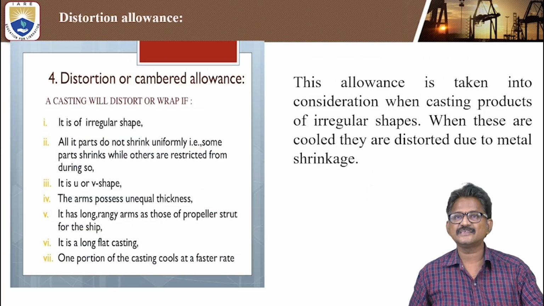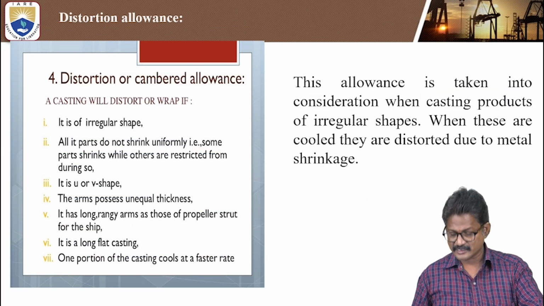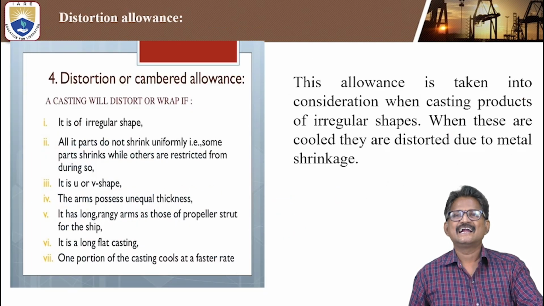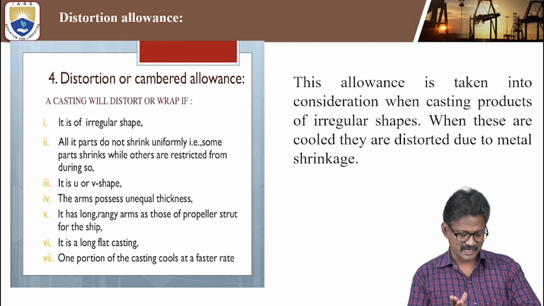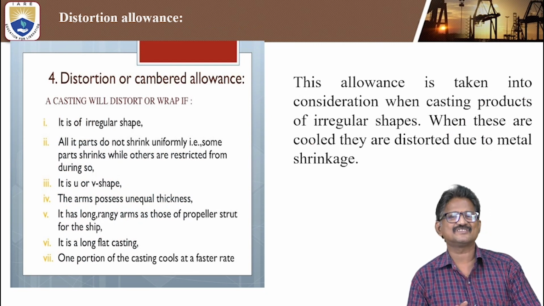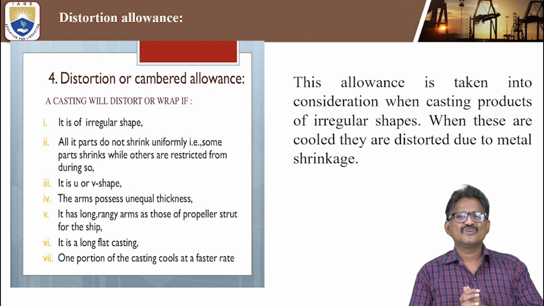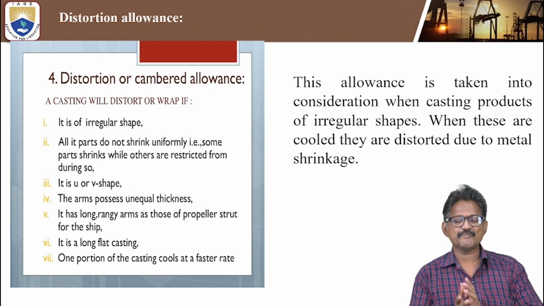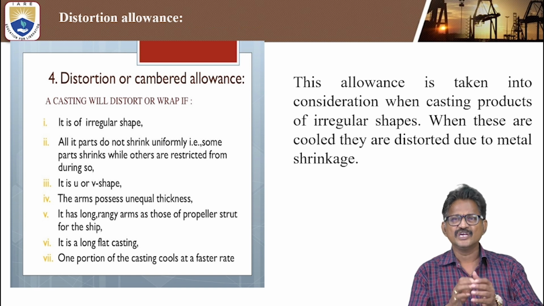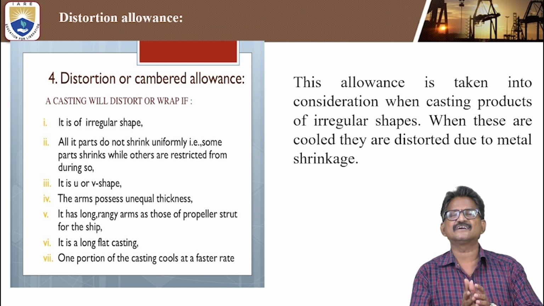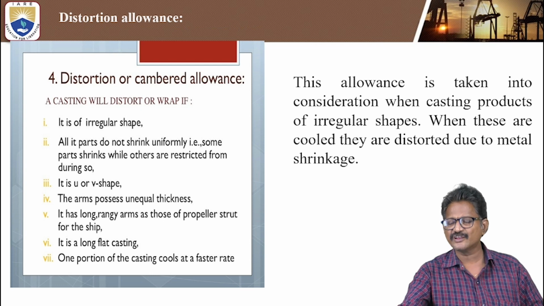Coming to another important type of allowance, the distortion or camber allowance. What is meant by distortion allowance? Here, distortion or warping allowances. When you apply pressure or force, it may tilt, break, or change its shape into some irregular shape.